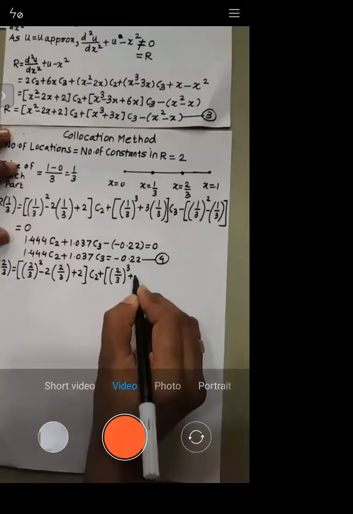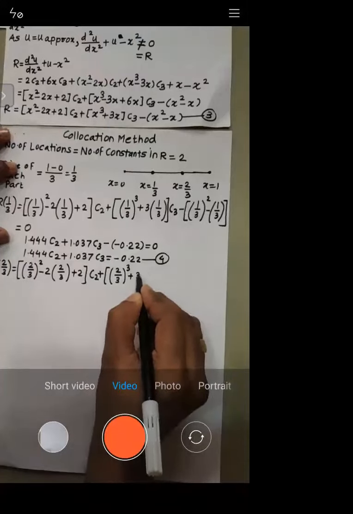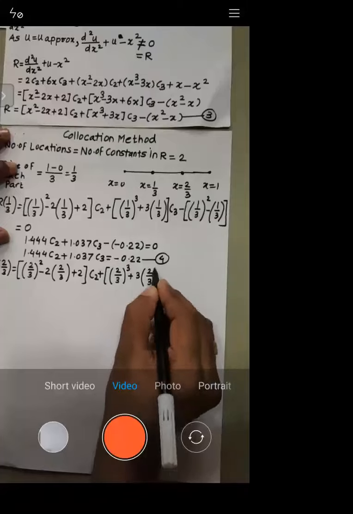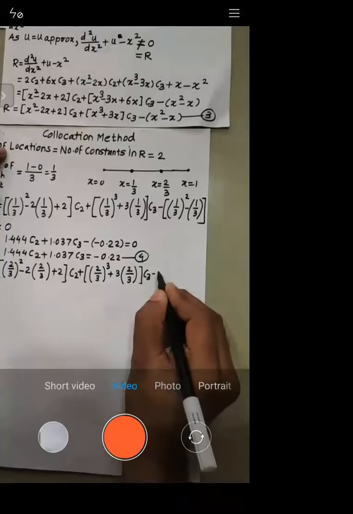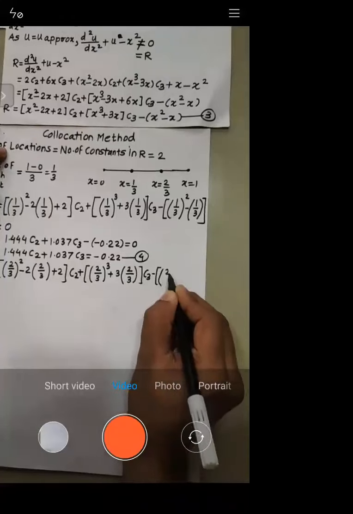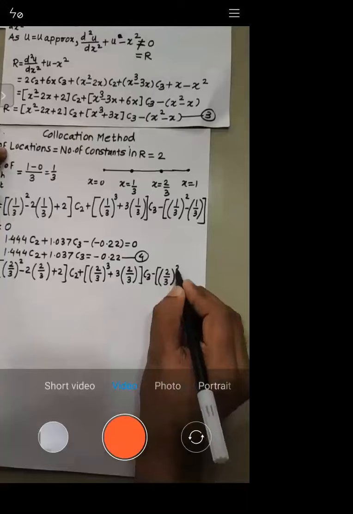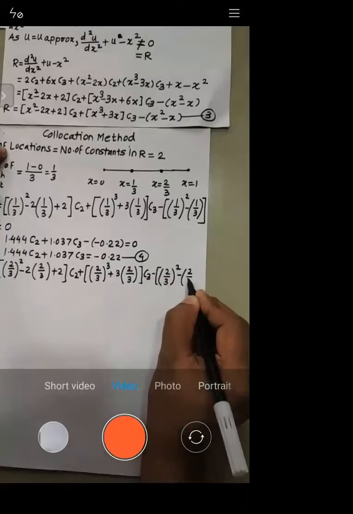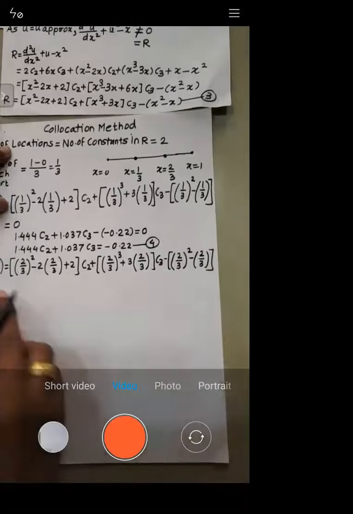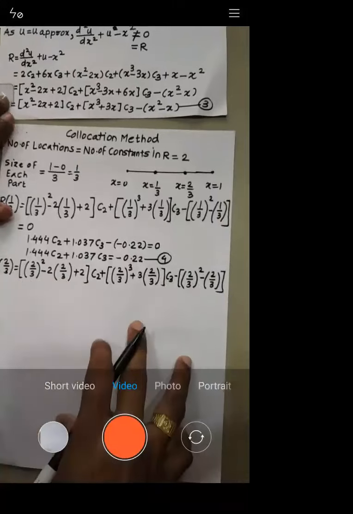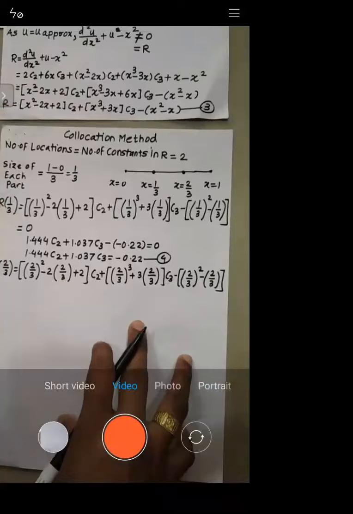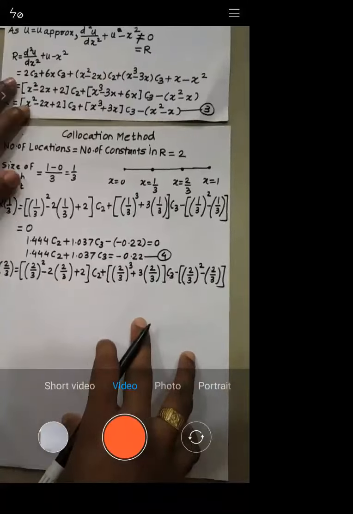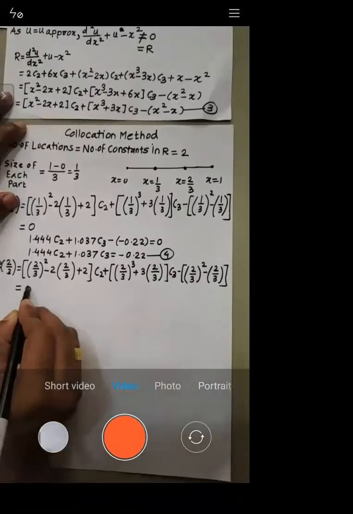C2 1.11. Okay, just a minute. Let me complete this. So it is again equal to 0, residue to be equal to 0.